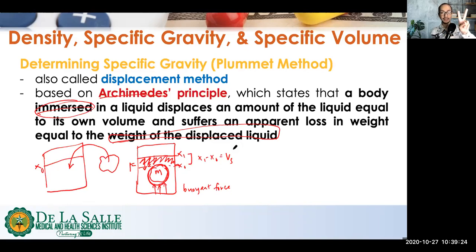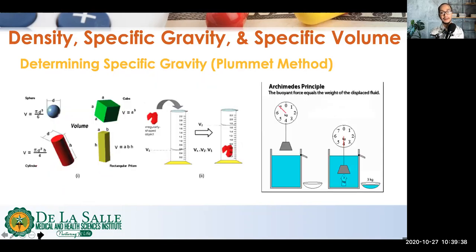The second thing that you have to remember is that the apparent loss in weight of the solid or the object will be equal to the weight of the displaced liquid. There are also a couple of photos that I have here illustrating Archimedes' principle.